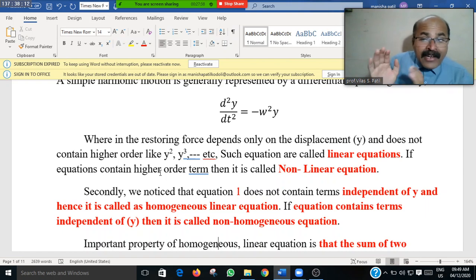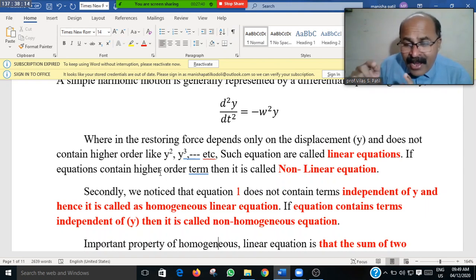Okay, and it does not contain higher order terms of the displacement.